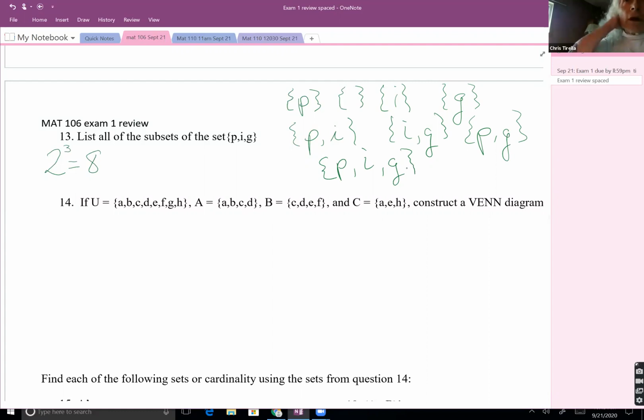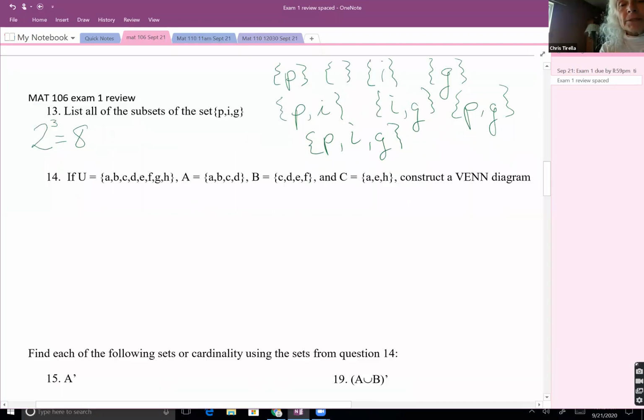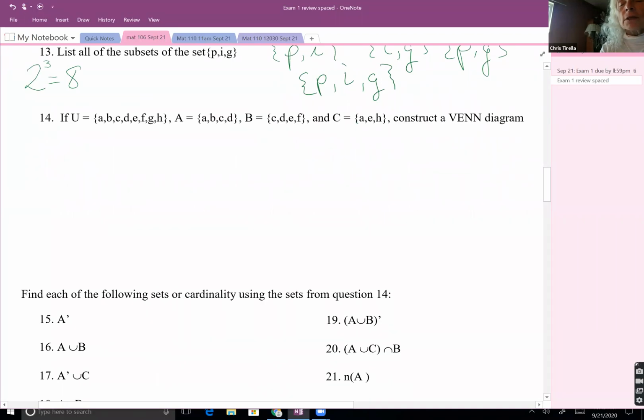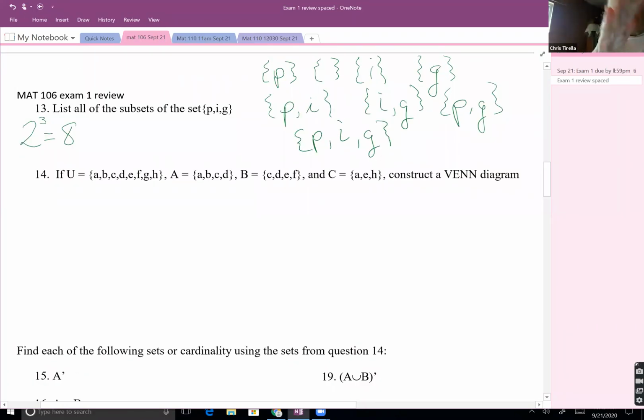Now, one thing about my labs that I feel bad about: in the digital medium, it's tough for you to draw a Venn diagram. They don't have you draw a Venn diagram per se. There might be a couple of multiple choice questions, which is the correct Venn diagram, or what elements would be in a given region.